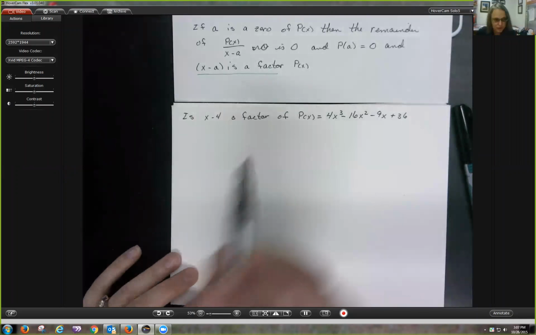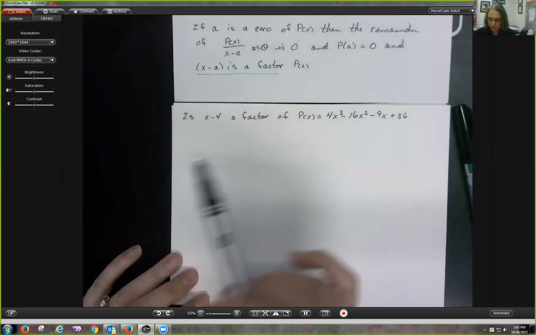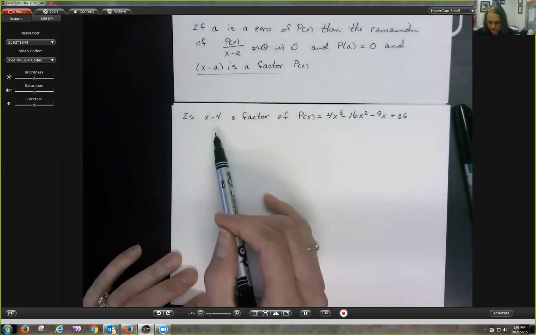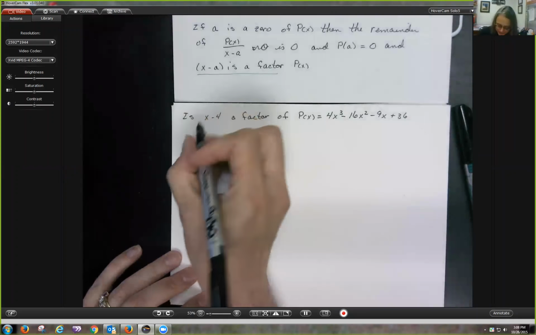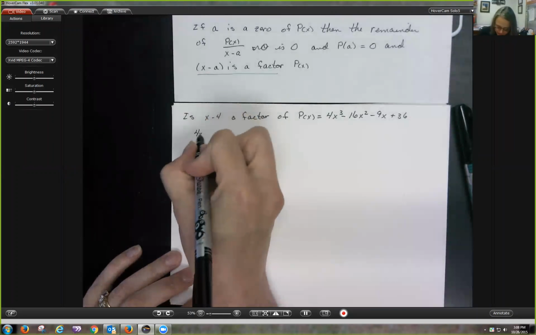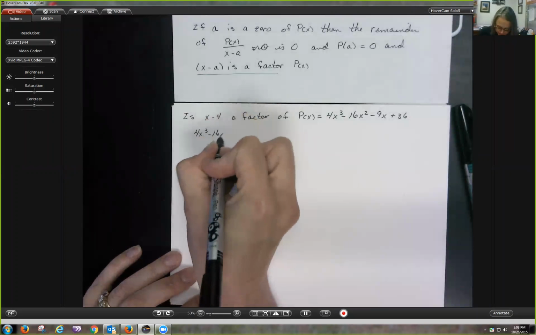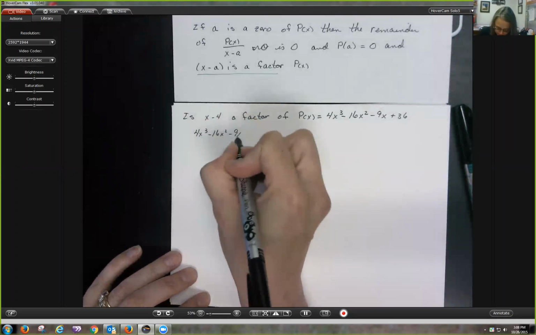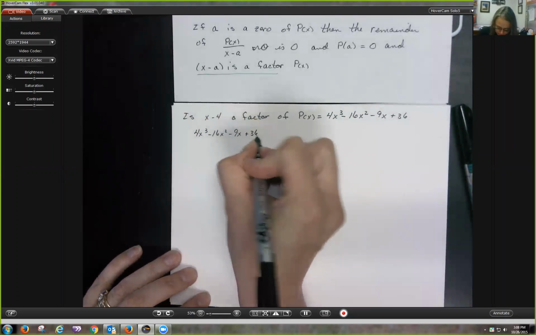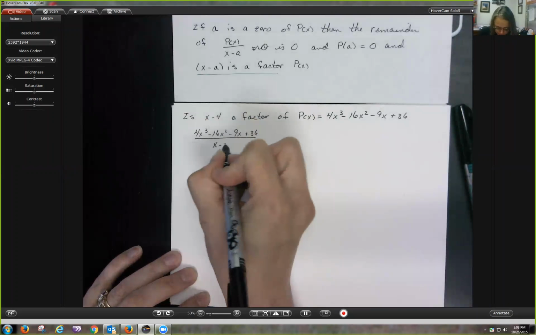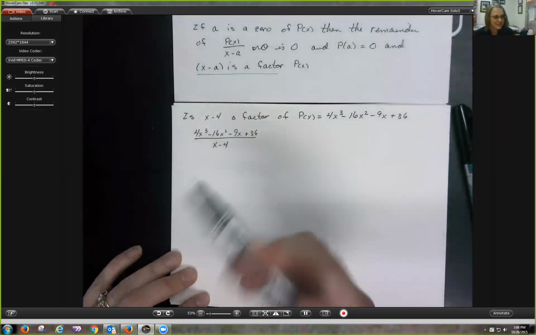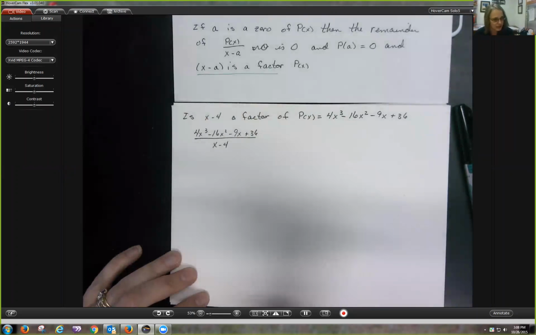But you remember that your math teacher told you that if x minus 4 is a factor, then the remainder of the quotient of the polynomial divided by that factor will be 0.